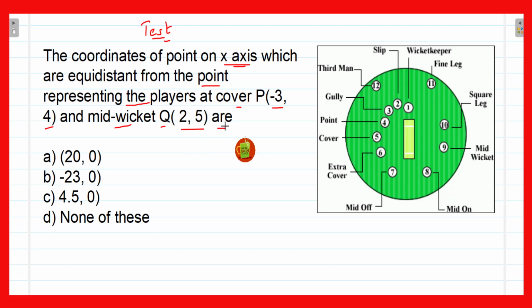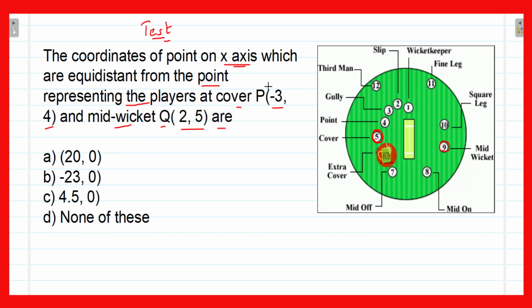Now friends, here it is said that the coordinates of the point on x-axis are equidistant from the point representing the player at the cover and the mid wicket. This is the mid wicket, correct.